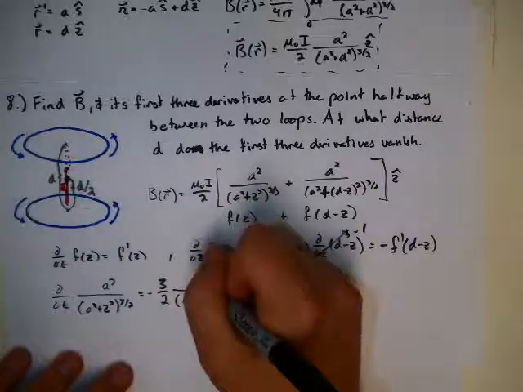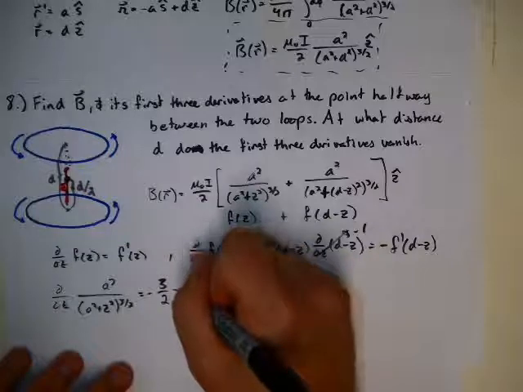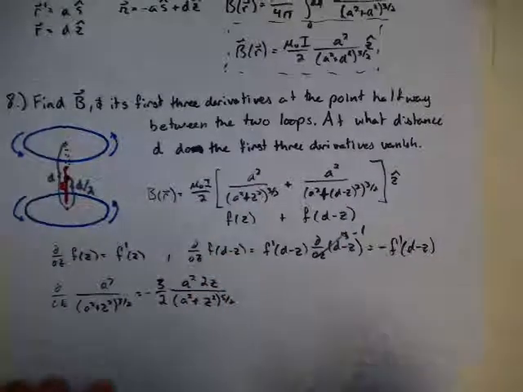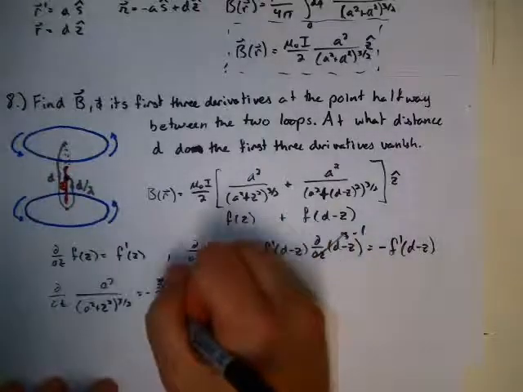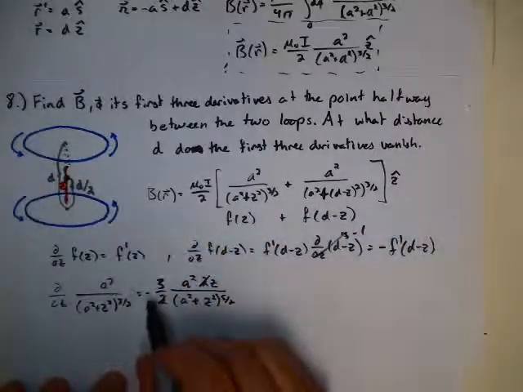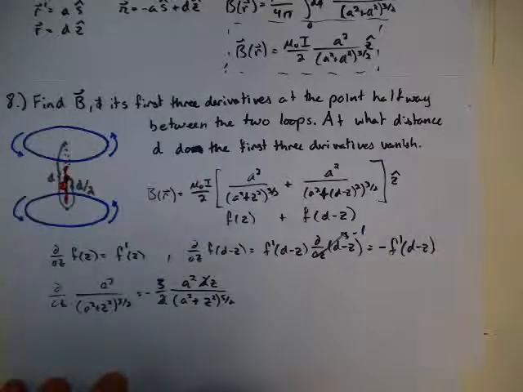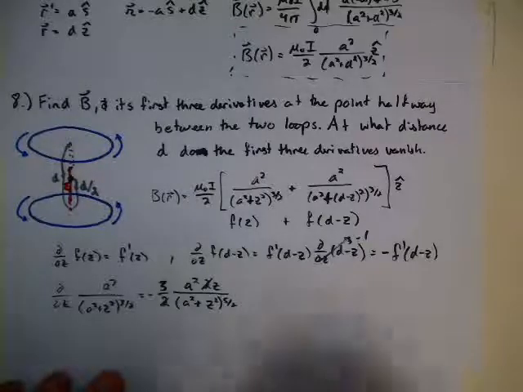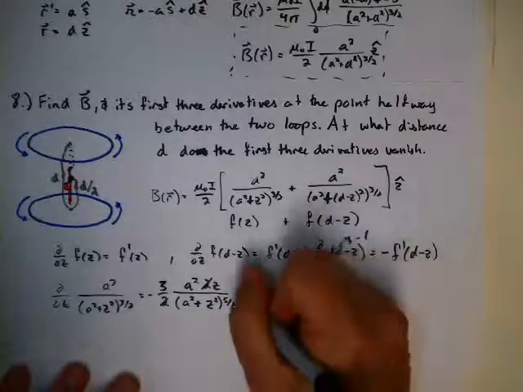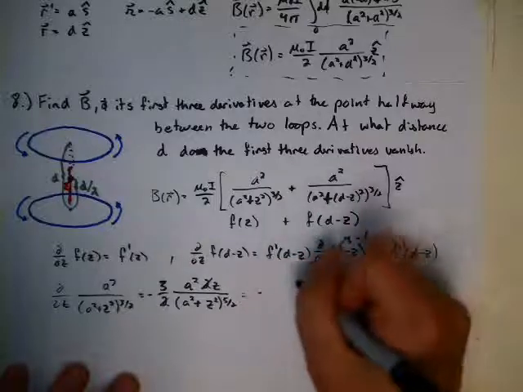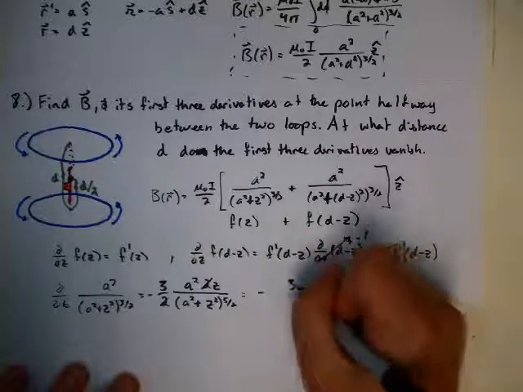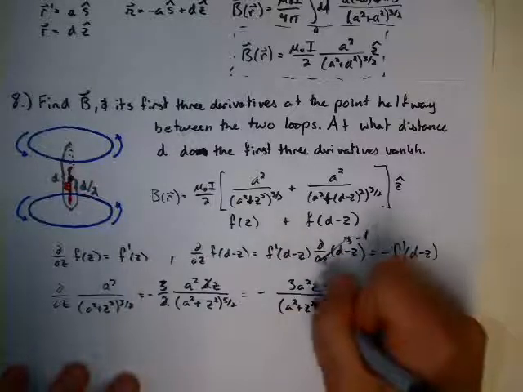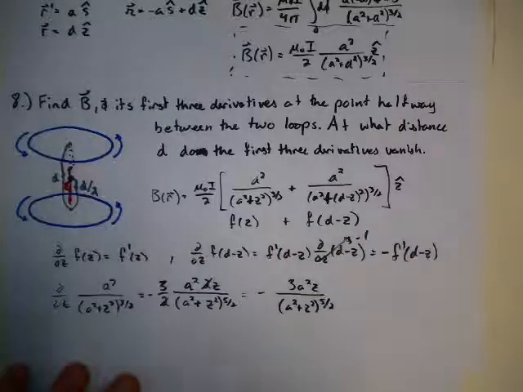The derivative of what's inside is 2z, and so this will be a squared, and we're going to get a 2z out of this. And so the 2's go away. I still have the minus sign. And there we go. And so this is going to be minus 3a squared z divided by a squared plus z squared to the 5/2.